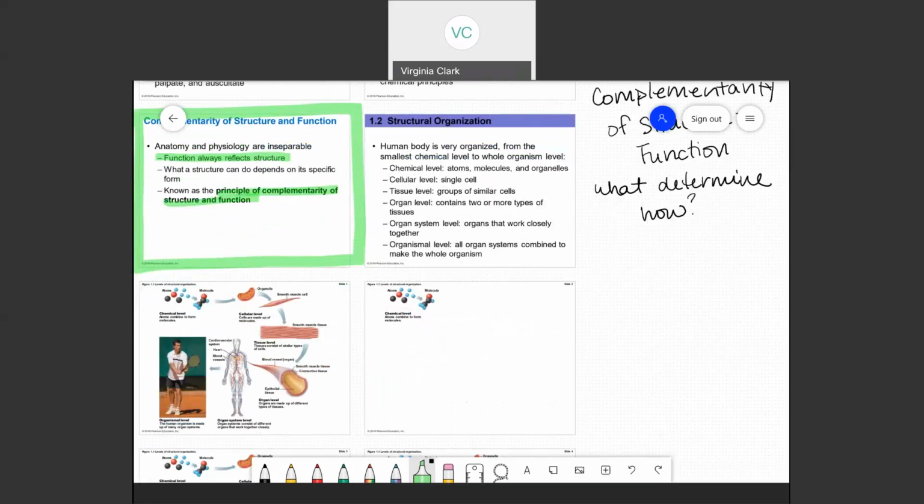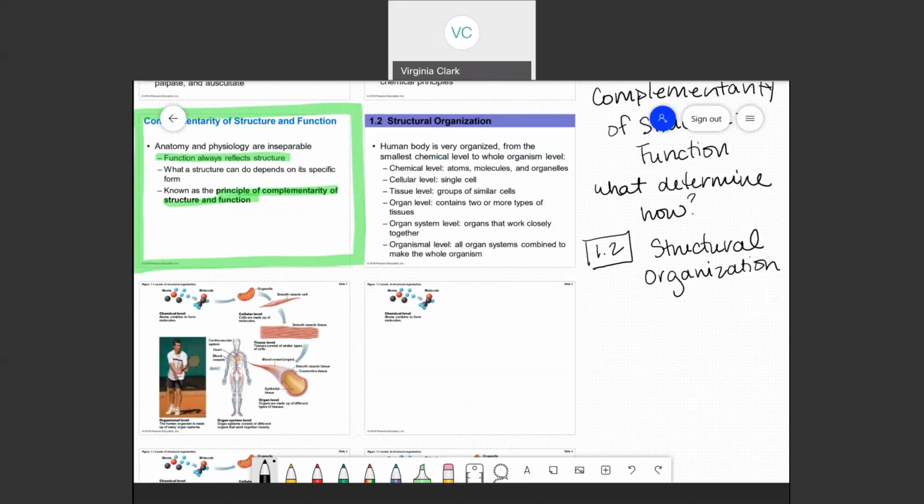1.2 starts the concepts for this chapter. So 1.2, the structural organization. Within the world of human anatomy and physiology, we are going to be talking about the human body, but this is similar to what you might have learned in another biology class.